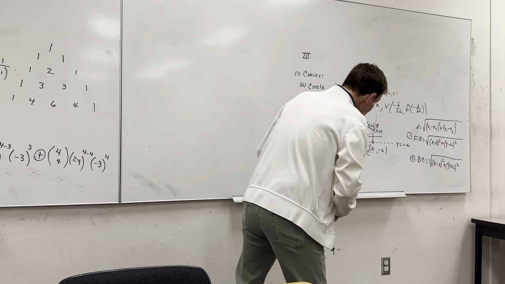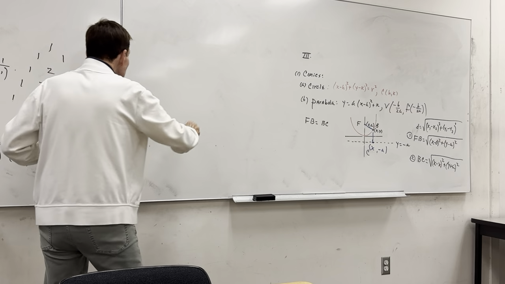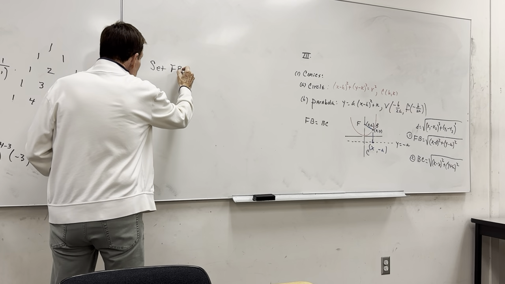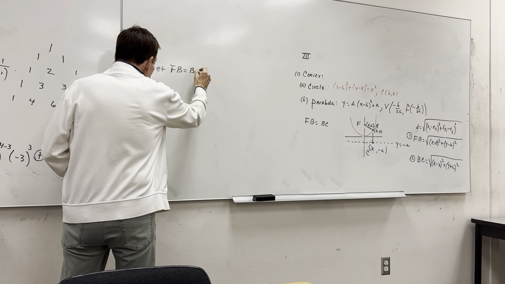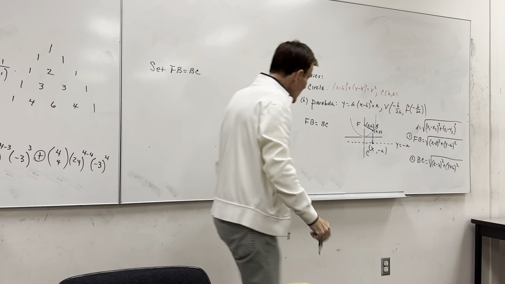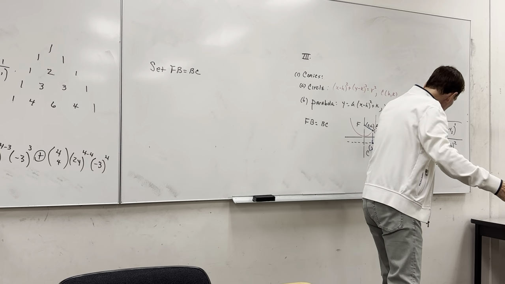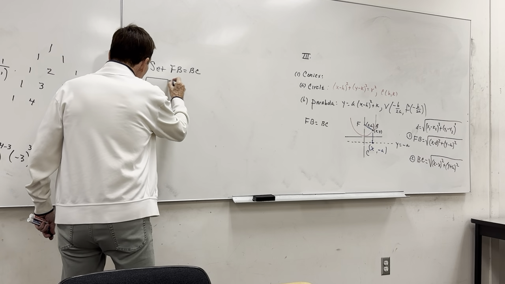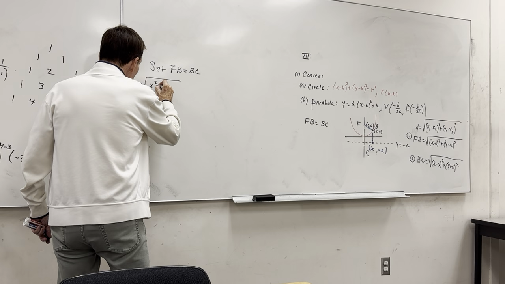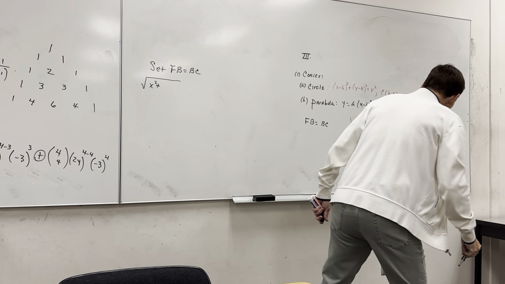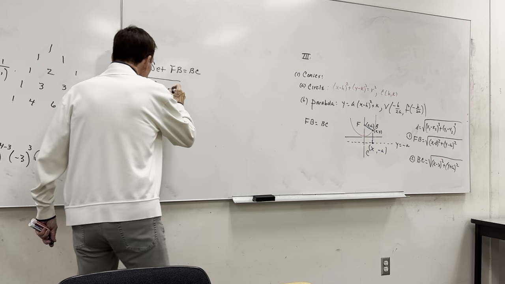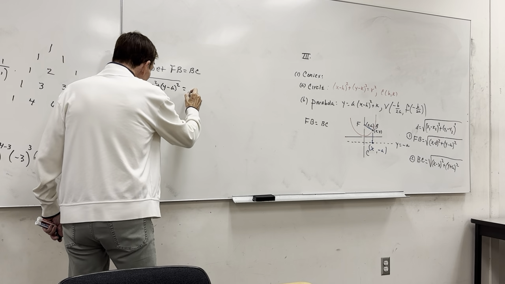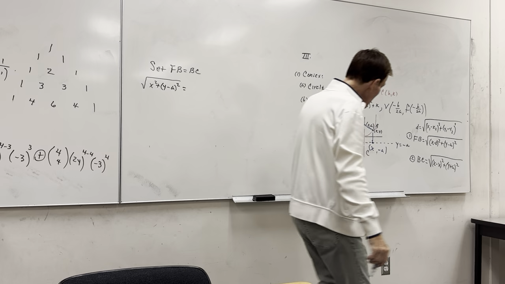Okay, guys, FB should be equal to BC. So set this equal to this. Nathan, this is what you read for us. FB, cleaned up a little bit, is the square root of x squared plus y subtract a squared. That should be equal, by definition, to this.